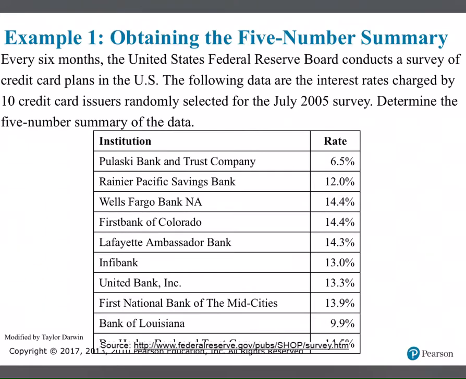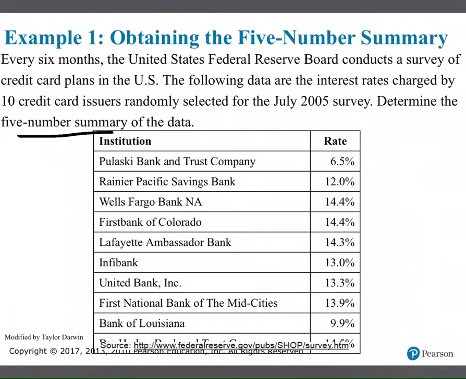So example 1 says obtaining the 5-number summary. Every 6 months, the United States Federal Reserve Board conducts a survey of credit card plans in the U.S. The following data are the interest rates charged by the 10 credit card users randomly selected for July 2005. Determine the 5-number summary.